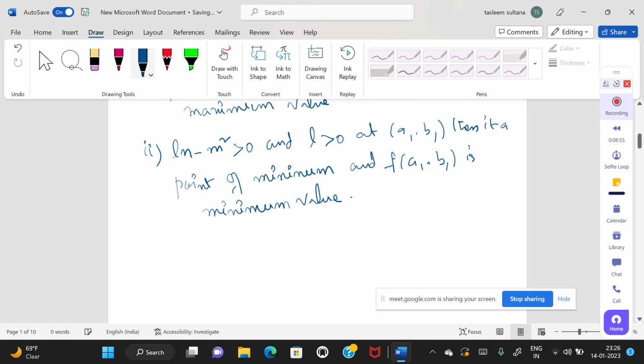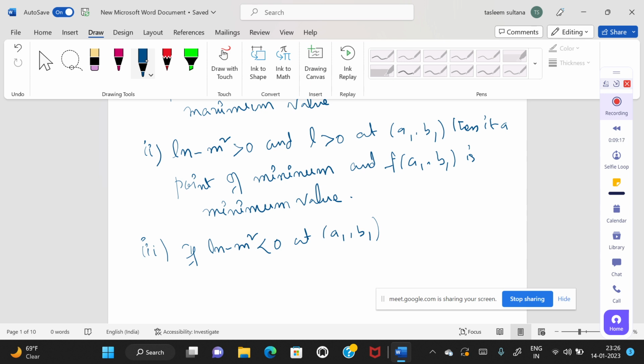In the third case, if you are getting LN − M² less than 0 at a point (a1, b1), then it cannot be declared as a minimum nor as a maximum.